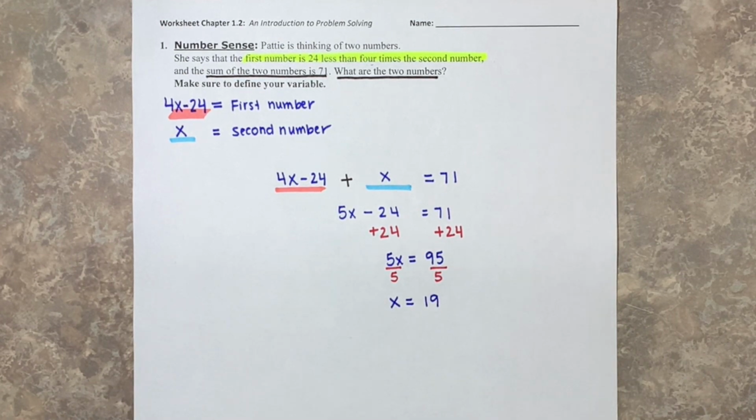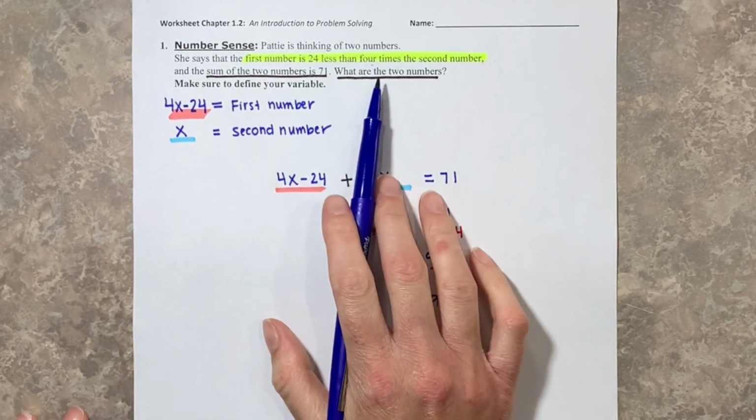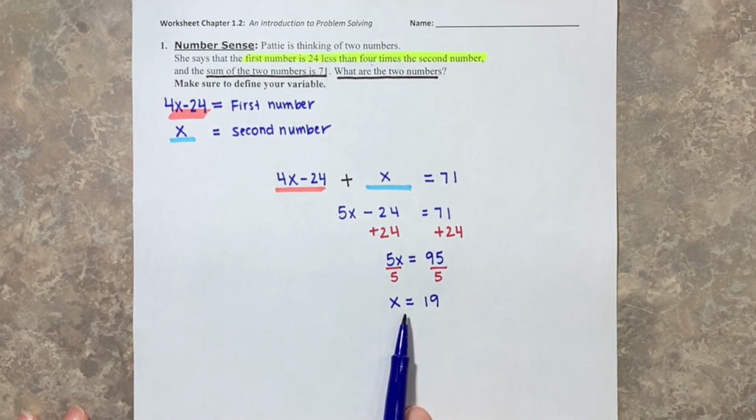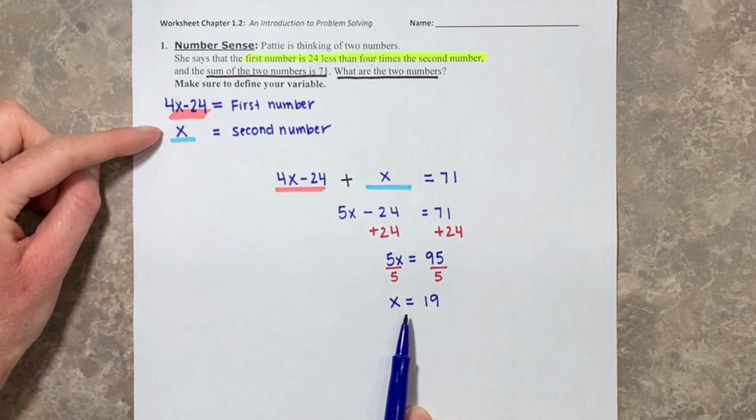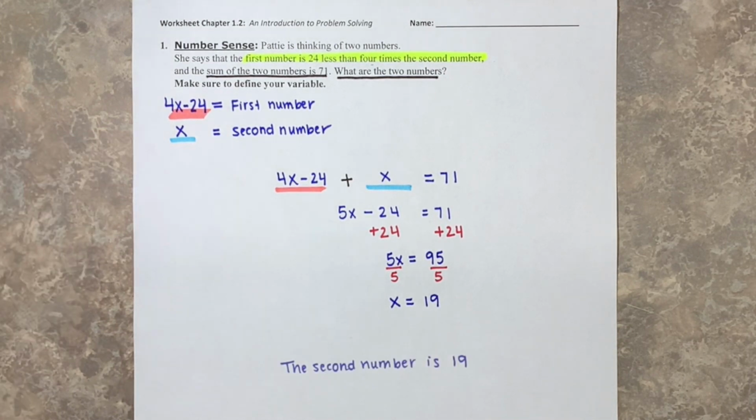Now, make sure you don't stop here. With a word problem, you want to make sure you've fully answered the question. The question was, what are the two numbers? We've found x, and let's go back and look at the start of the problem to see what we defined x as. X is the second number. So we can start by saying the second number is 19.